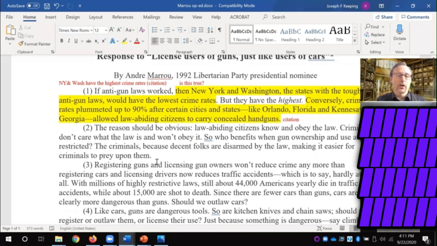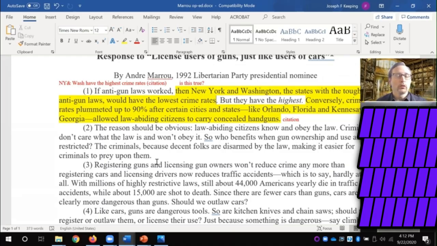But all the rest of the paragraphs are going to be fine, right? Let's read them. The reason should be obvious. The reason why crime rates plummeted up to 90% after states allowed law-abiding citizens to carry concealed handguns.